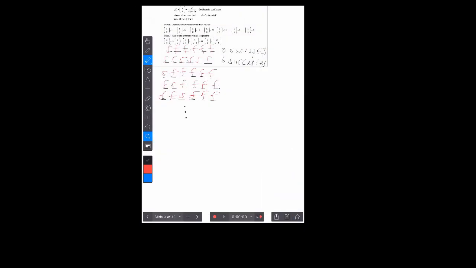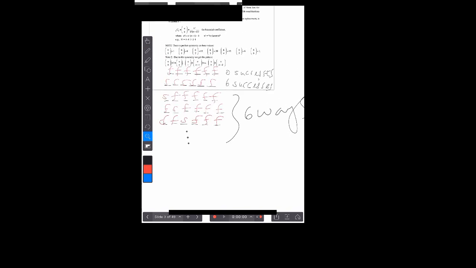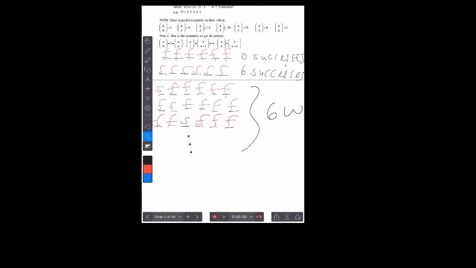I could keep going, and in the end there's going to be 6 different ways to see that. So that's why n choose 1 will always be n, and symmetrically 6 choose 1 will always be 6, but symmetrically 6 choose 5 will also be 6.